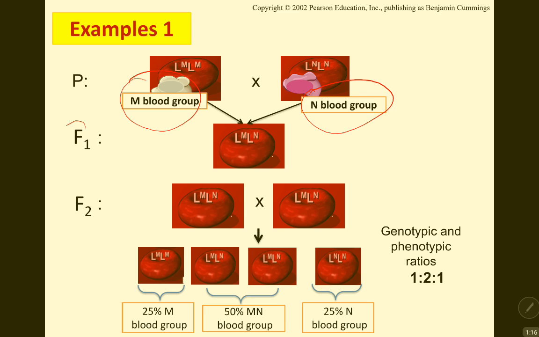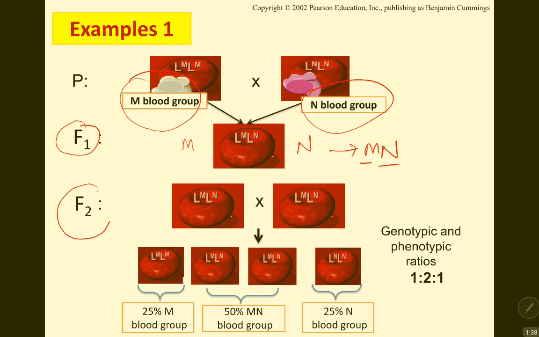The F1 generation, instead of showing M or N, shows MN. So it means that both M and N are dominant. None of them are recessive. So they will show their appearance in the phenotype.